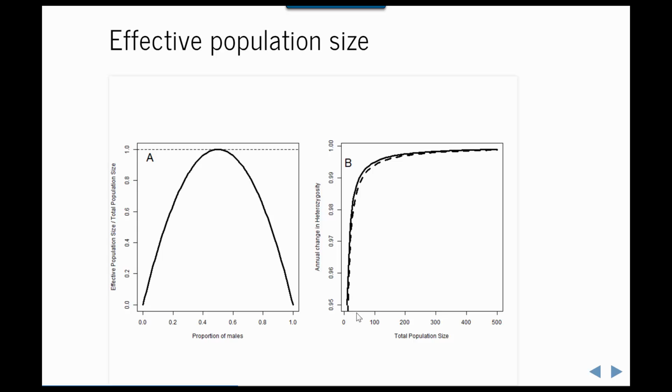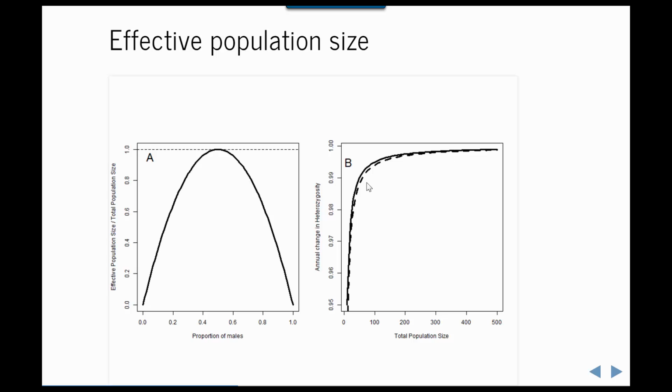So where the 50 comes from is that if you look right here, 50 gives you a value approximately right there, okay, of about 0.99, or just a bit bigger than 0.99. So this is the 50 individuals, a nice round number, and it's at the point before the heterozygosity loss starts to accelerate very rapidly. And 500, by contrast, is very close to 1, so that means no loss of heterozygosity for populations of that size.